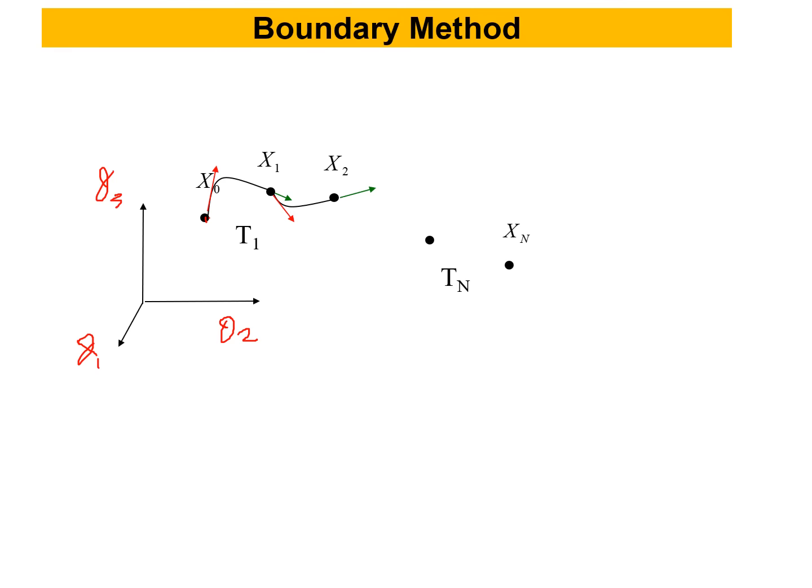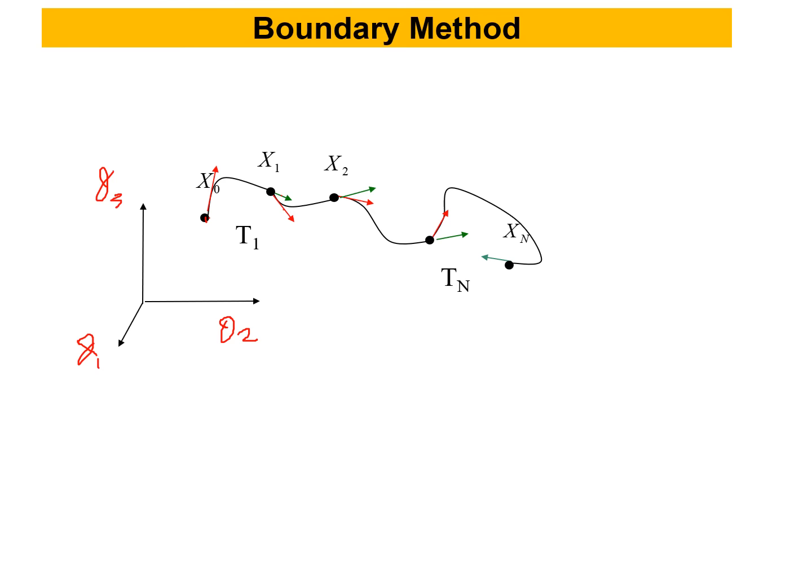Forget those, and solve the other one. So each two will be solved independently, and when you finish, at the end you will end up with a discontinuity point where you have two velocities.